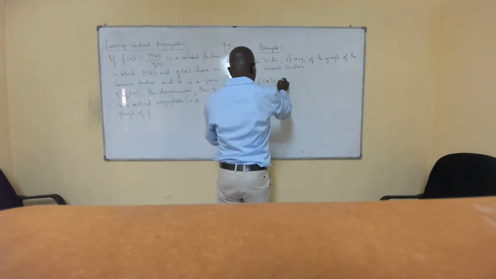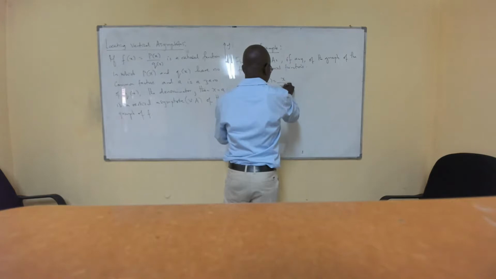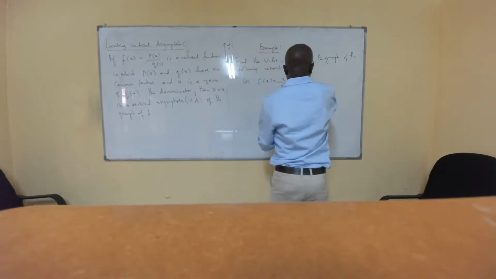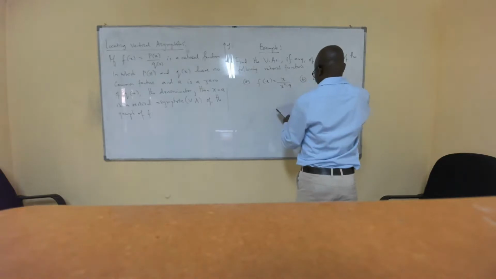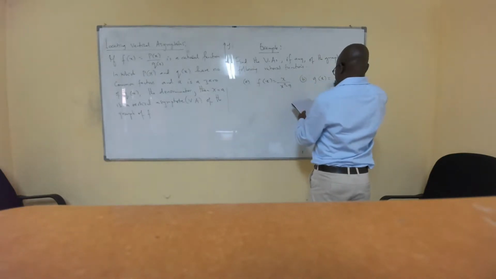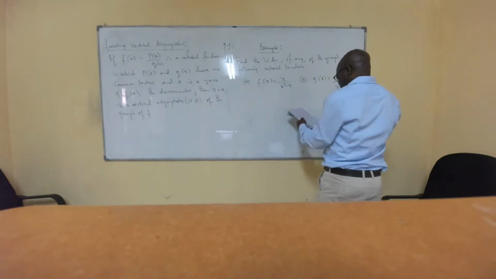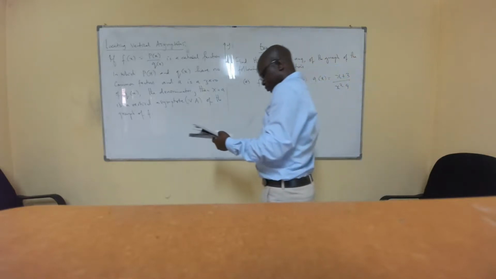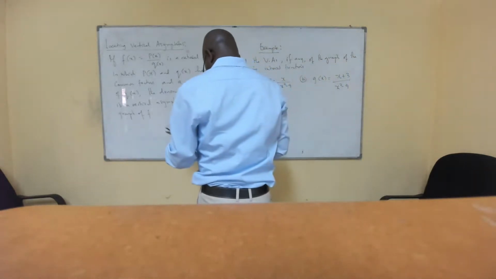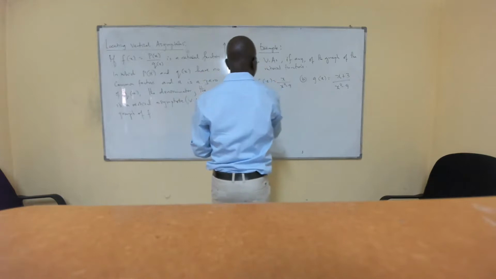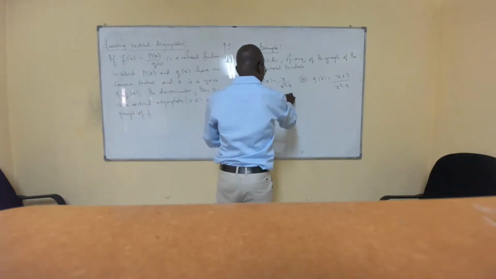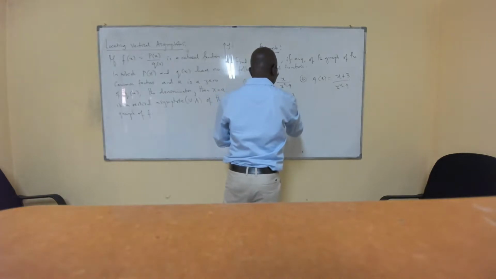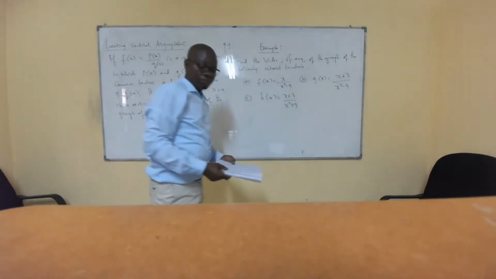A, f of x equals x over x squared minus 9. B, g of x equals x plus 3 over x squared minus 9. C, h of x equals x plus 3 over x squared plus 9.